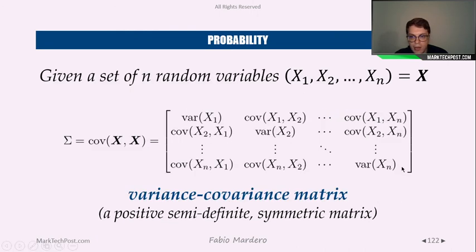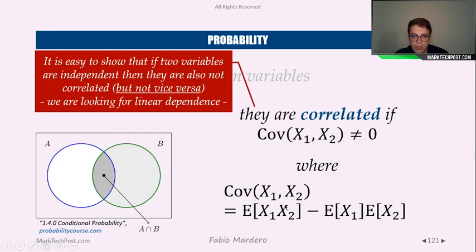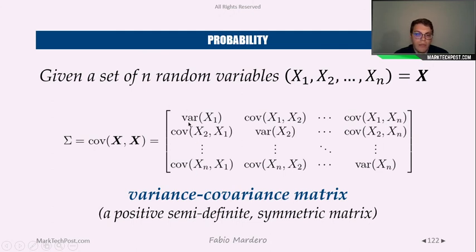So on the diagonal we have the variances, and since if we swap x1 and x2 we get the same result, the variance-covariance matrix is symmetric about its diagonal.